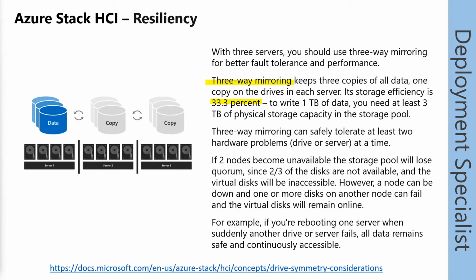A 3-way mirror can safely tolerate at least 2 simultaneous independent failures at a time. But what's important to know, in this configuration, we see 12 capacity drives. In Storage Spaces Direct, to keep the storage pool online, where we have the volume stored, we need a minimum of 50% of the drives.